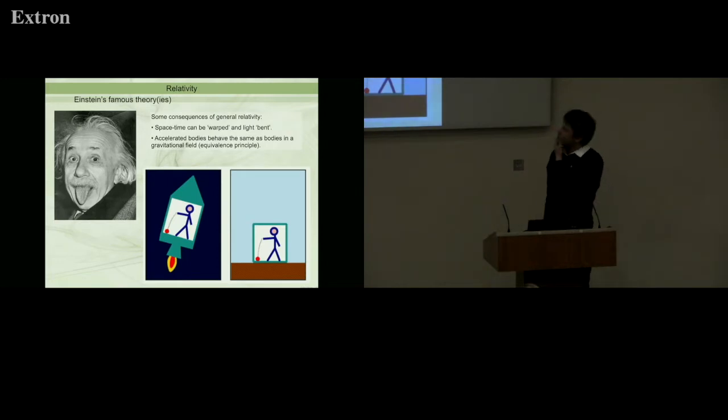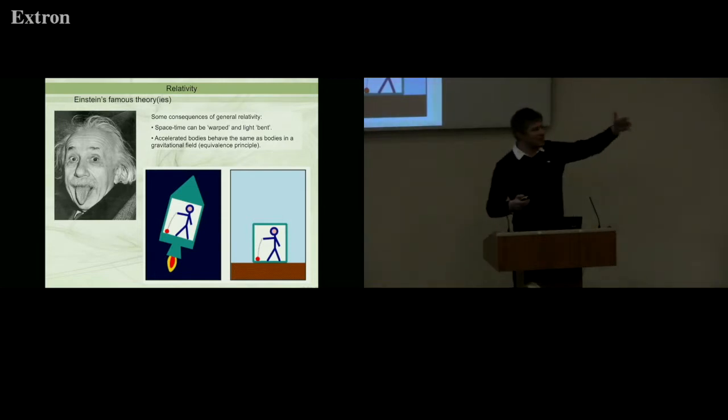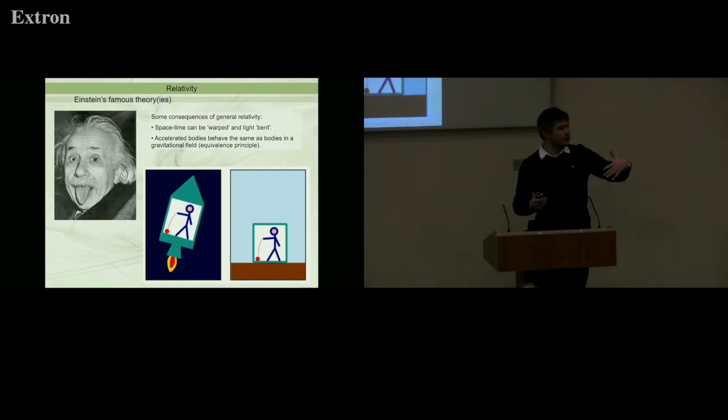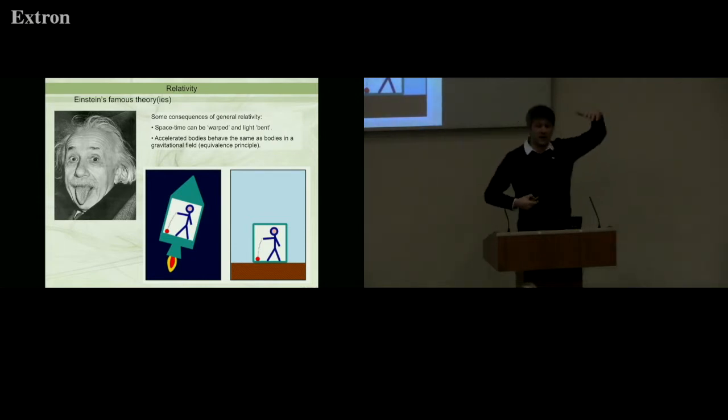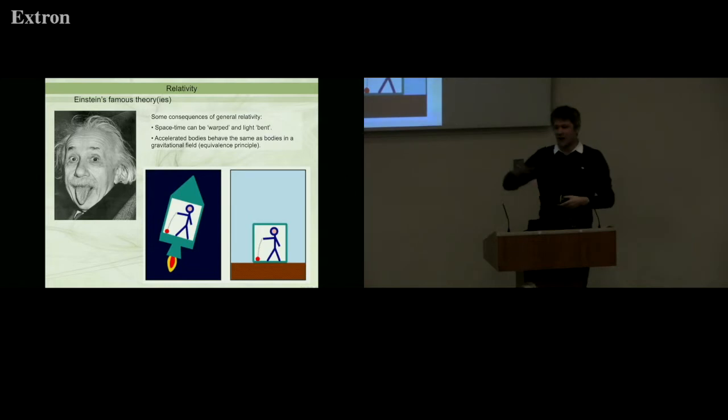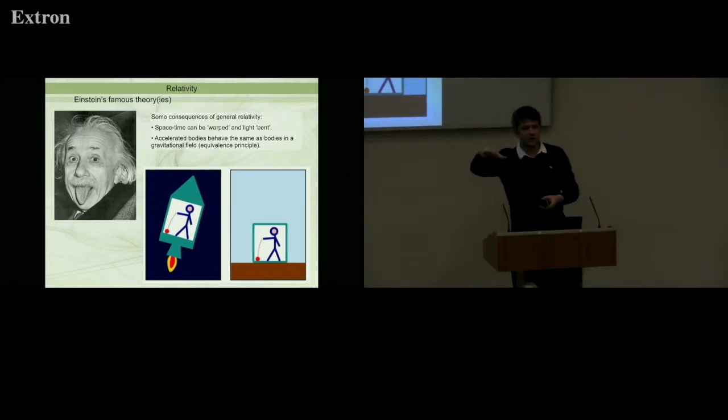One of the really amazing consequences is that if you accelerate, you can mimic the effect of gravity, and you could not even tell them apart. Okay? So a week or two ago, Tesla sent that car going to Mars. Right now the car is going at pretty much constant speed, so the little mannequin is floating around.